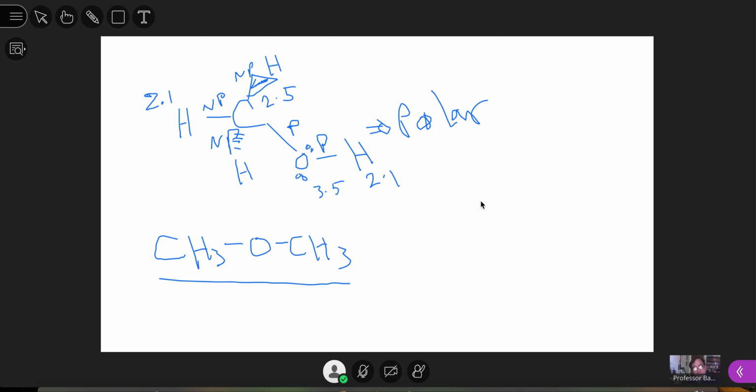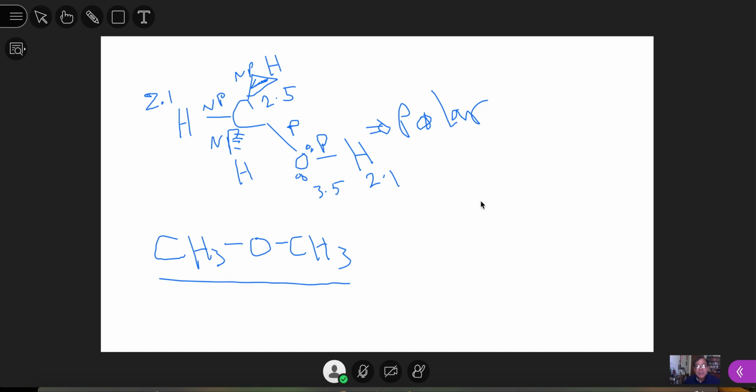How many of you think it's non-polar and how many of you think it's polar? Remember, carbon is 2.5, oxygen is 3.5. Polar is getting the majority. All right, let's see what happens.